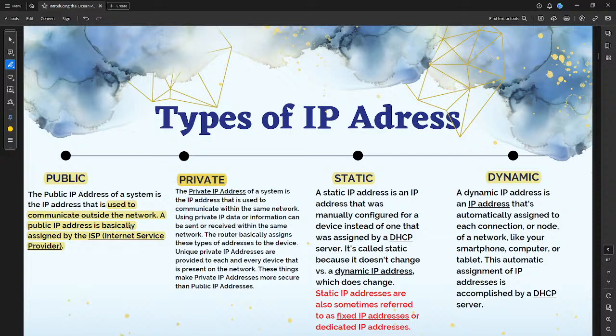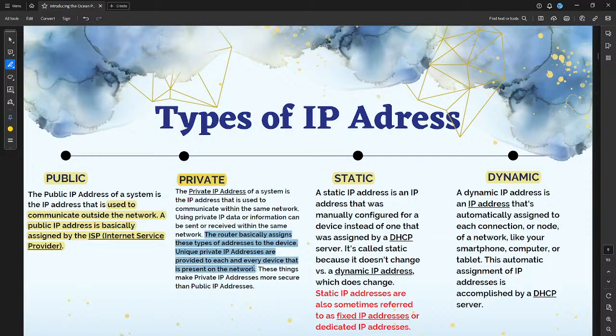But let's just understand the different types of IP addresses at this point. The router basically assigns these types of addresses to the device, and we will get to DHCP, the Dynamic Host Configuration Protocol, the kind of protocol that assigns these IP addresses.